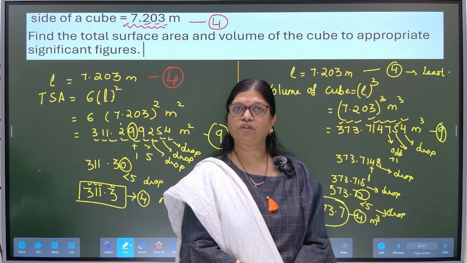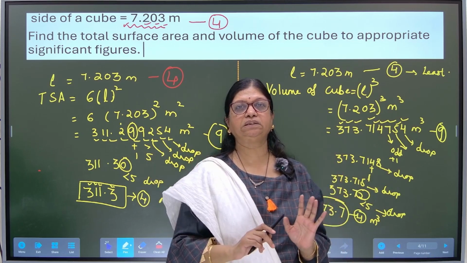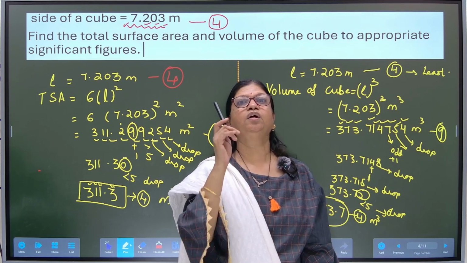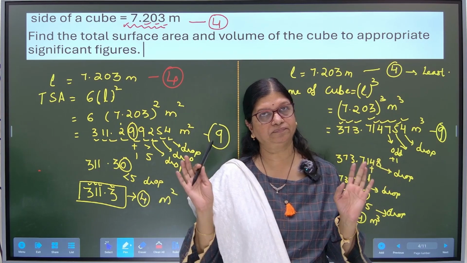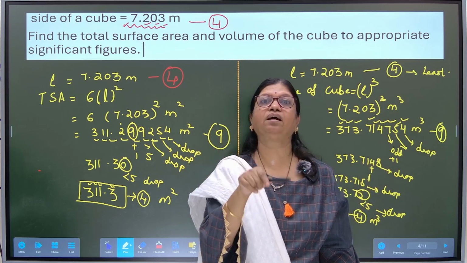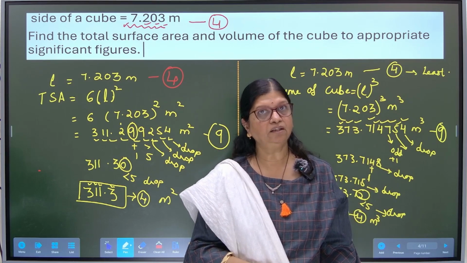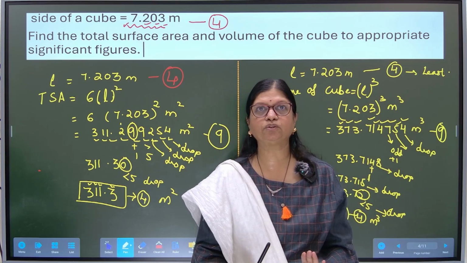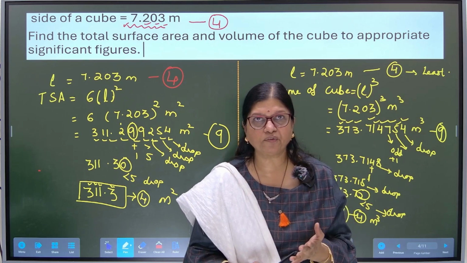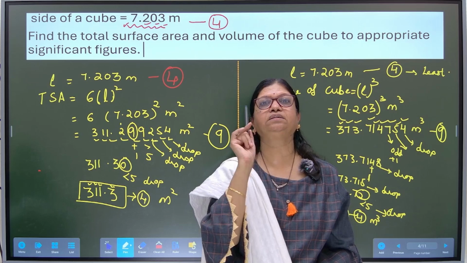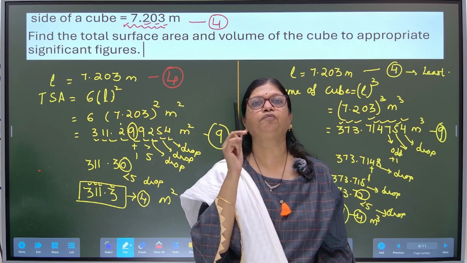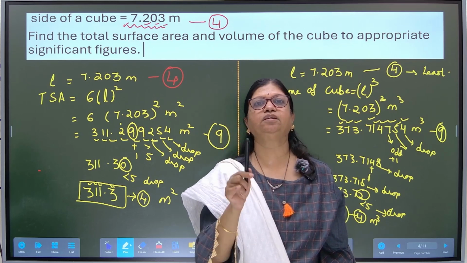Clear? Okay, so both the numericals I have explained to you, why I dropped and why I added 1 according to the rules learnt just now. Clear? So remember these rules and round off the answer to the appropriate significant figures as asked in the question.